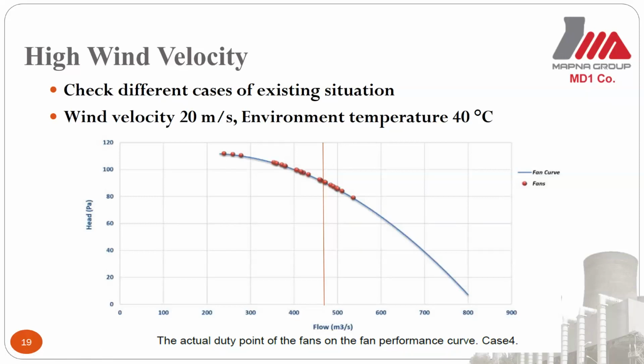If the fans are in a stall flow, flow decreases dramatically. As you can see, we have some points where the flow rate of each fan decreases up to 250 cubic meters per second. Also, the sound emission will increase and there is a risk of mechanical damage. Another disadvantage of this situation is poor performance of the ACC.